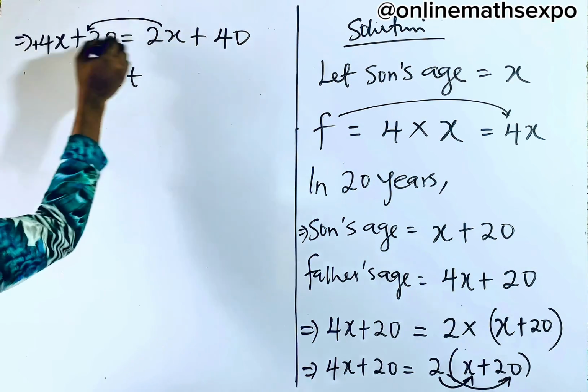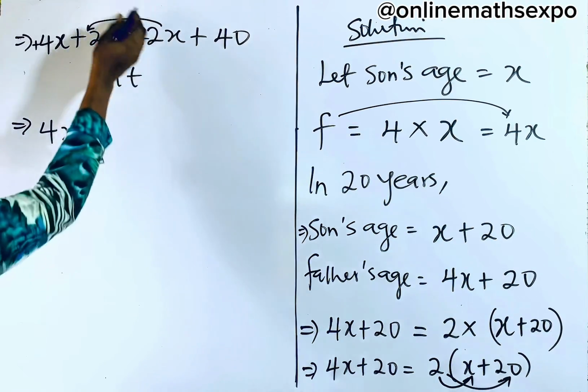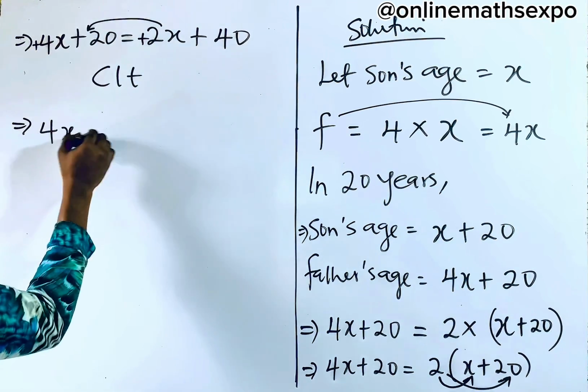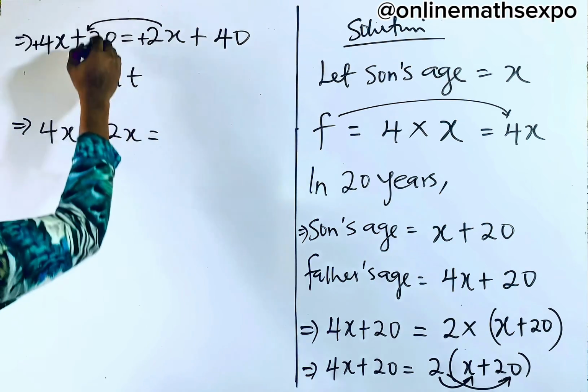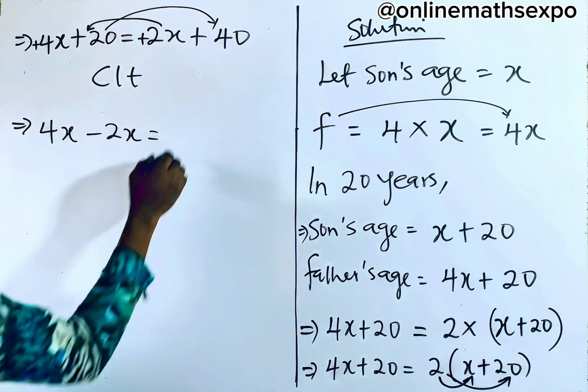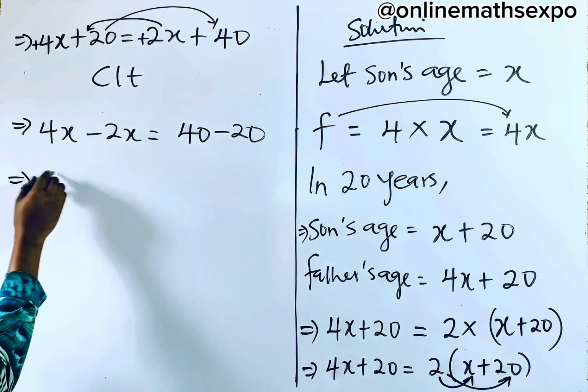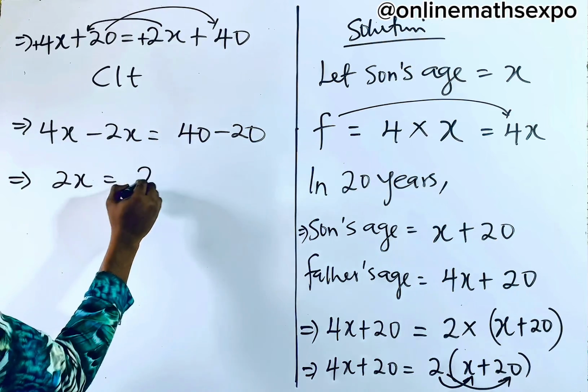Remember, this is positive, this is positive. So it's going to give us 4x, and when you take this, it's going to be negative. Then this 20 is positive, take it to the right, it will be negative. So you have 40 minus 20. If you subtract this, it gives you 2x equals 20.